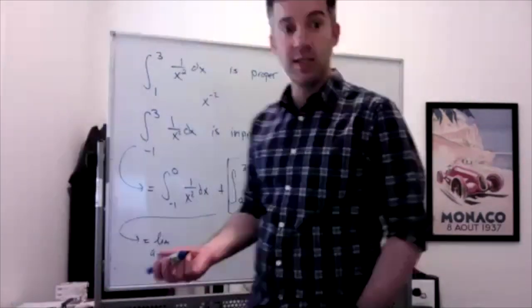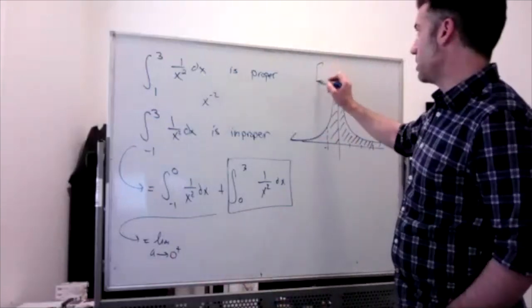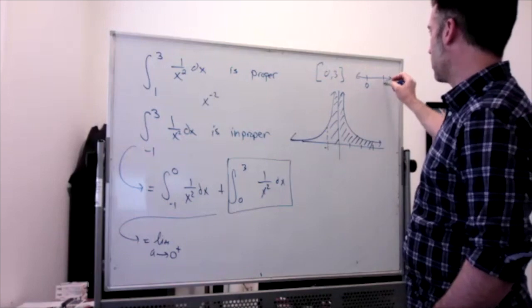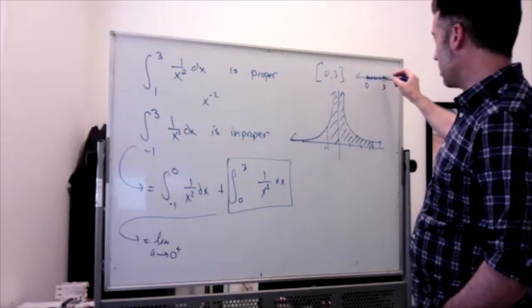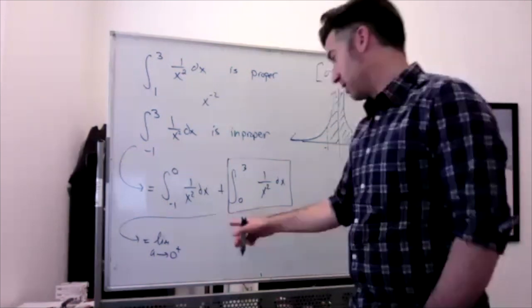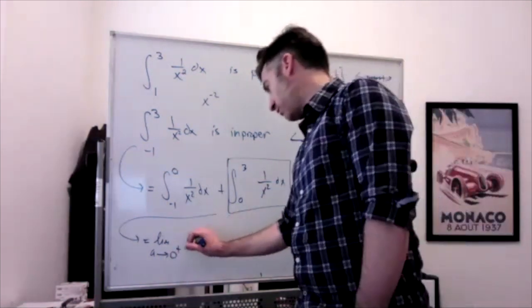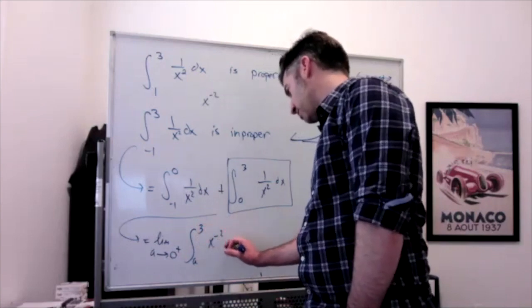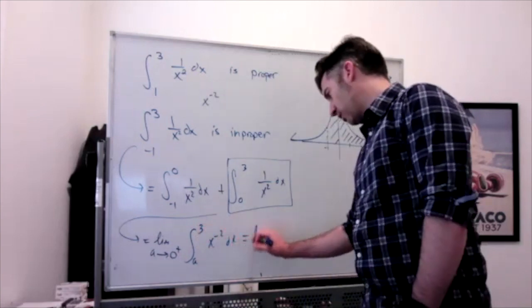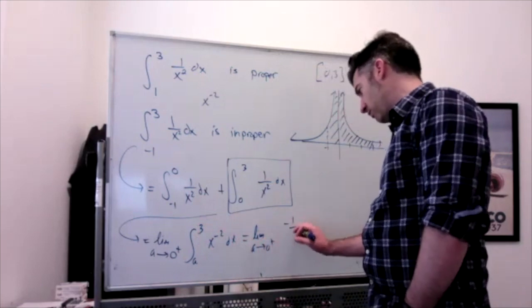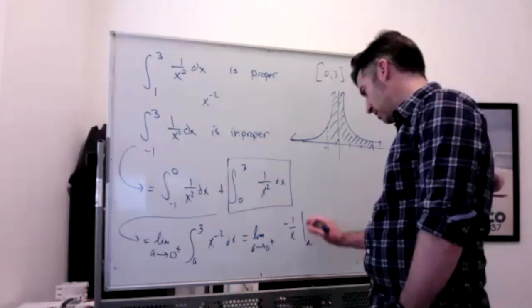Because we are between 0 and 3, so you're definitely on the right-hand side of 0. That's the limit as a goes to 0 from the right of the integral from a to 3 of x to the -2nd, which is going to equal the limit as a goes to 0 from the right of -1 over x from a to 3.